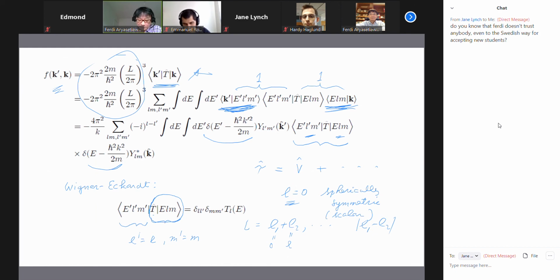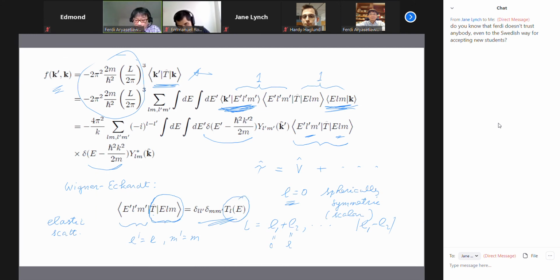And the energy is of course the same because we have elastic scattering. We have to keep that always in mind. So then we have this result here. So this is just some number.